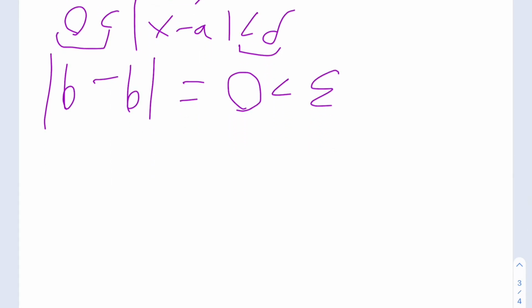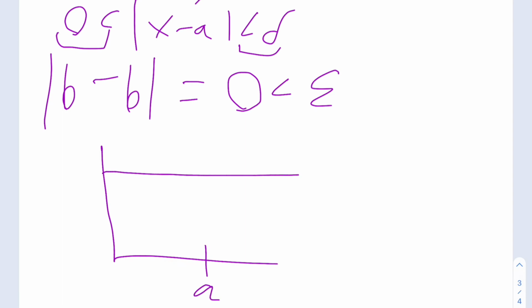This is kind of deceptively simple, and I'll show you why the delta value doesn't matter. So let's say this is L, and then here is our b, which is also equal to the limit. And let's say that this is our epsilon window. If we have the delta window above here, whatever delta window we choose, the corresponding f of x values are just going to be the constant b.